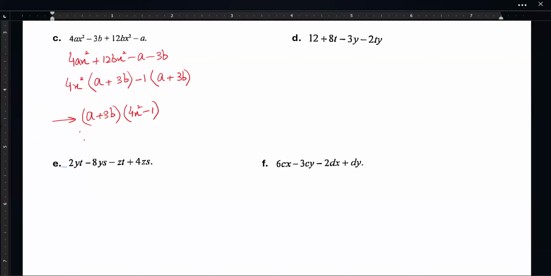The second bracket can also be expressed as a square, and it seems to be right. Yes, if I open the square, I'll get the same terms.